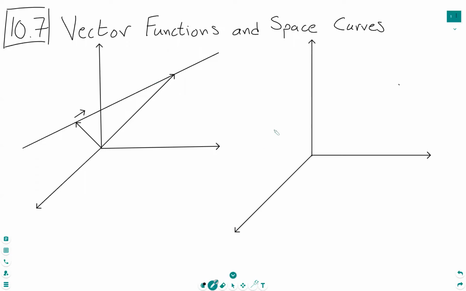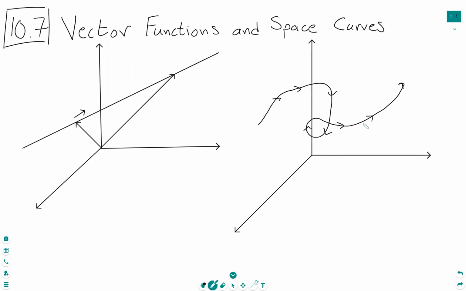Maybe it starts over here somewhere, and then maybe even does like a loop, and then maybe comes out this way, and we're just traversing this curve. You might even think of it as like a particle. A particle is moving along this curve, right?